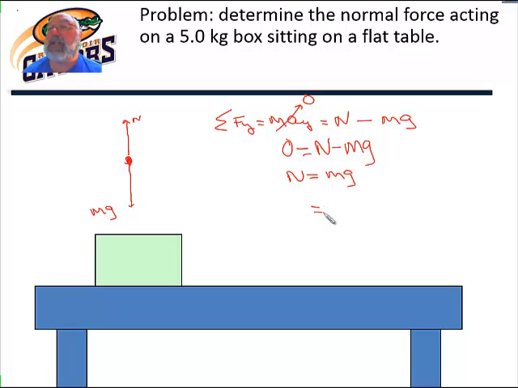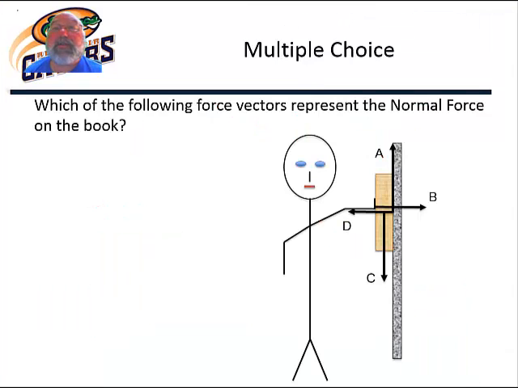So the normal is equal to 5 kilograms times 9.8 meters per second squared, which is equal to 49 newtons. The weight of the box is 49 newtons, mg, and the table has to push up with a force of 49 newtons.